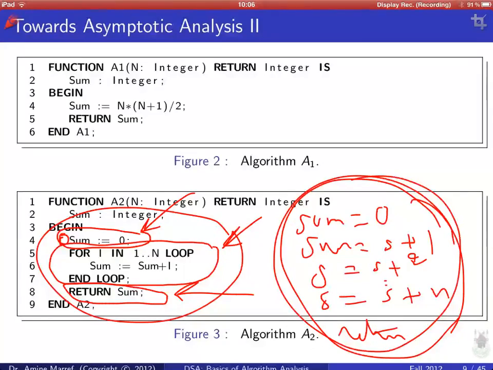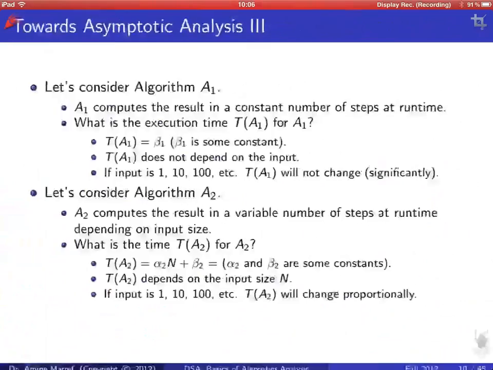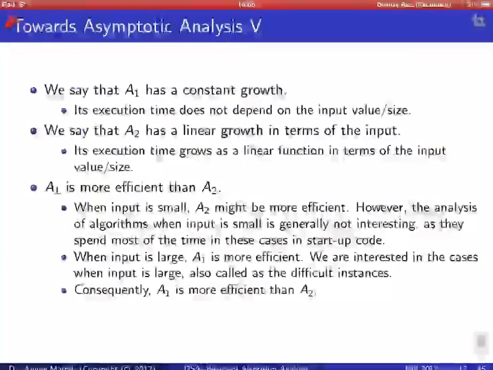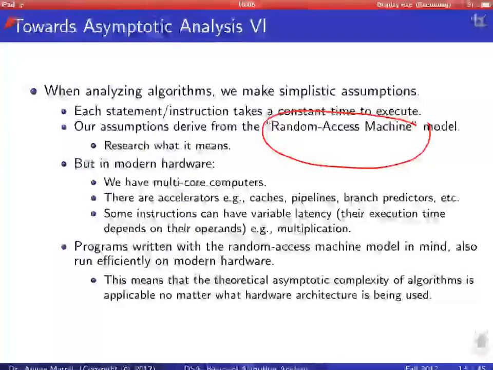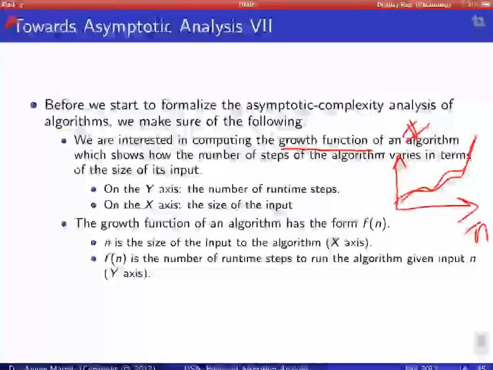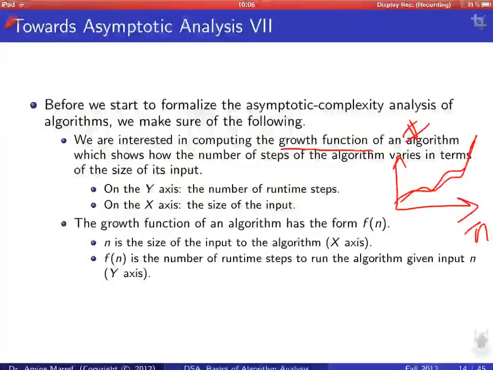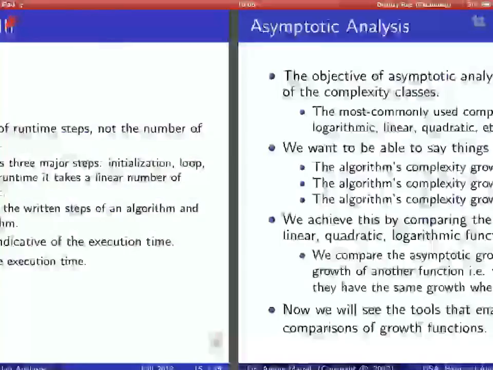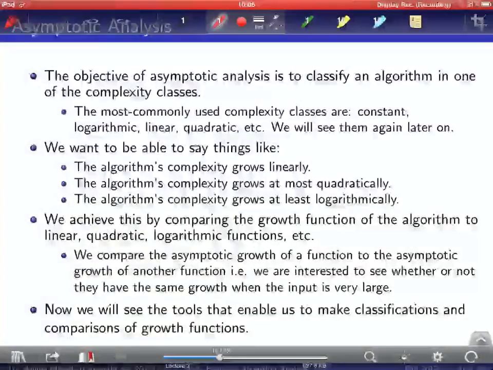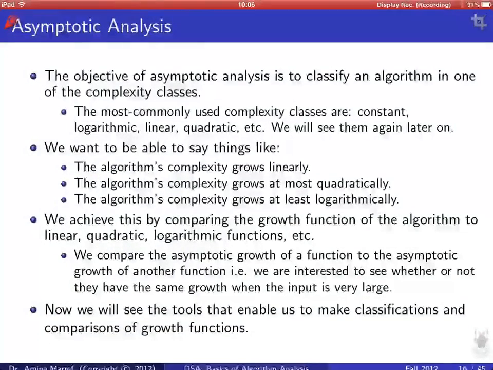So algorithm 1 has a function that we call f of n, and algorithm 2 has a growth function that we call g of n. Now we say that f grows no faster than g if the following predicate is true. This predicate is a first order logic predicate. If this is true, then f grows no faster than g.